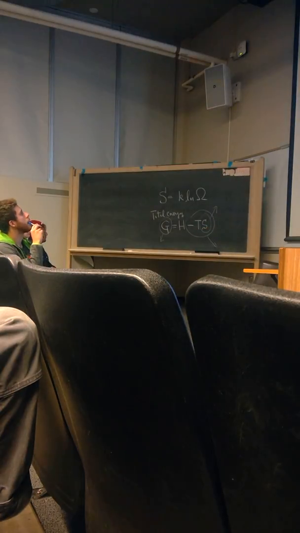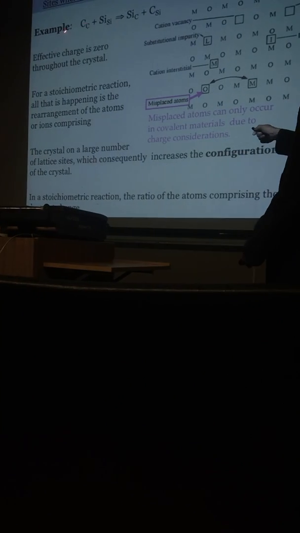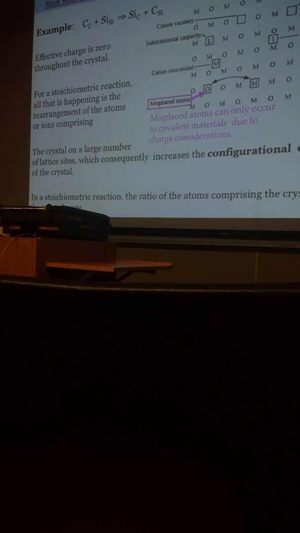So this is actually what happens in anti-structure disorder or misplaced atom models. This is all I want to say in this case. Silicon carbide, titanium carbide, and all kinds of things actually happen in this way.